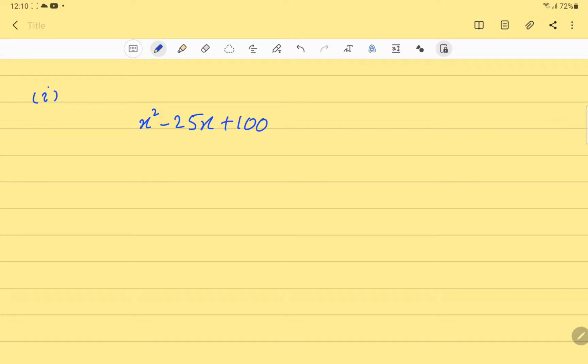This is our first expression, and the second one is x squared minus x minus 20.